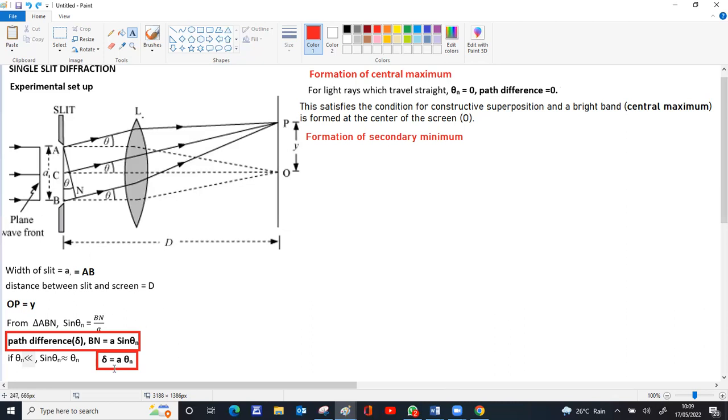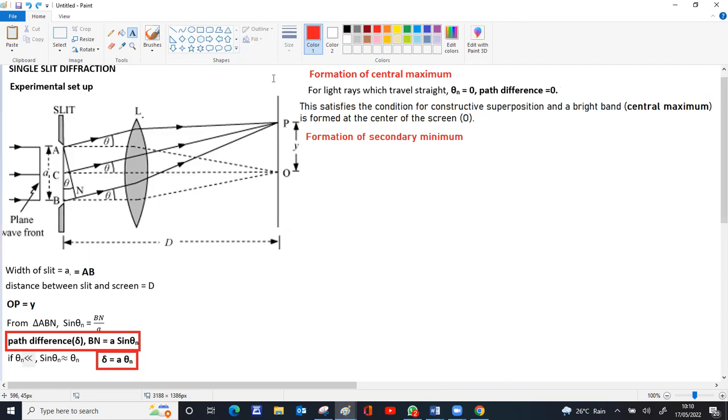Total is 2 lambda, a quarter of 2 lambda is lambda by 2. So light from A and D, which is the midpoint of AC, on reaching P has a lambda by 2 path difference, and they cancel off. Similarly, A to D and D to C have corresponding light rays with lambda by 2. CE and EB have light rays with lambda by 2 on reaching P. So again, the entire slit intensity will be 0 at the second point.